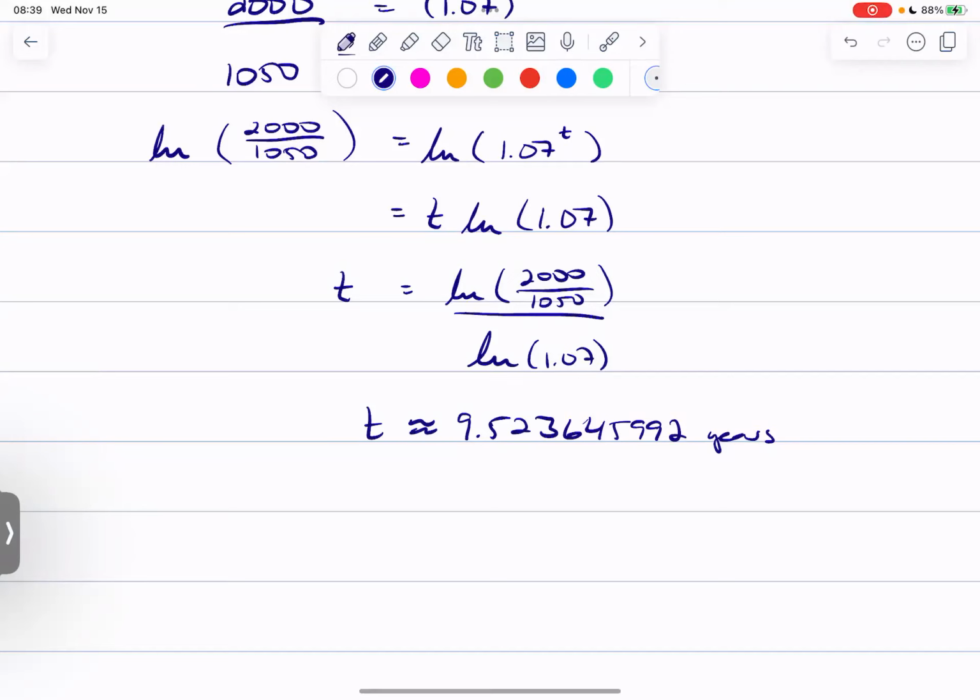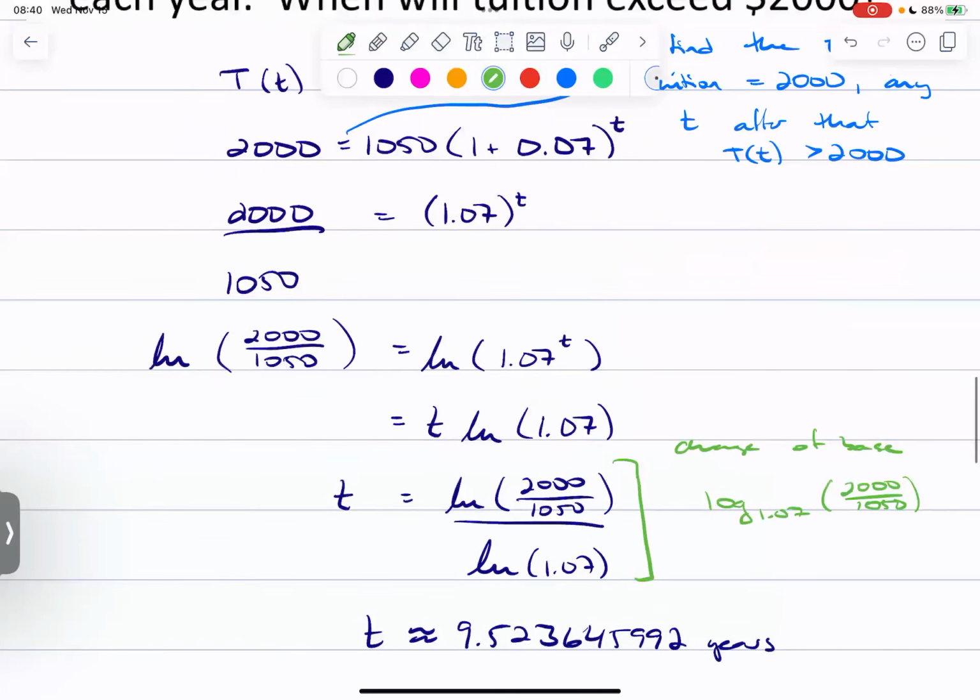What could you have done? You could have used the change of base formula. You could have said, well, this is actually equivalent to, by the change of base, the log base 1.07 of 2,000 divided by 1,050, which is that convenient log that we were toying with initially.